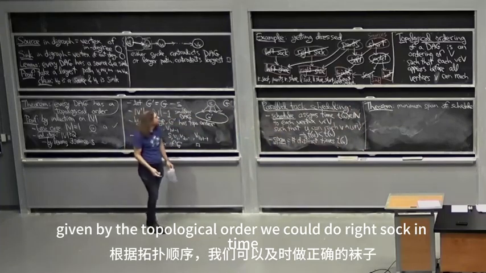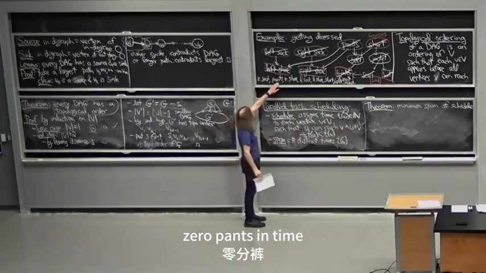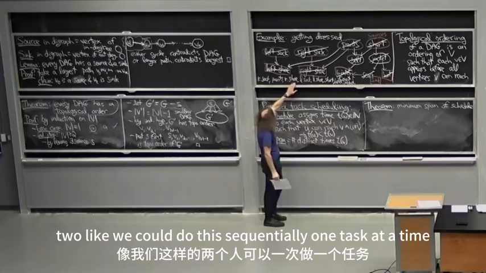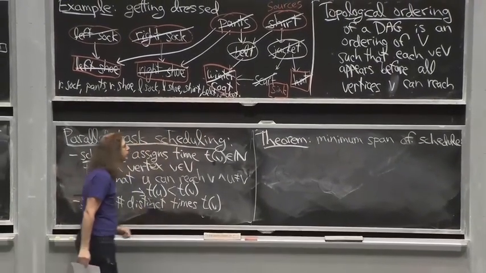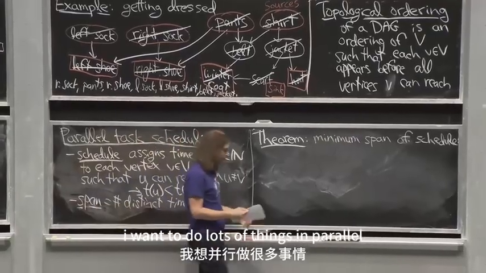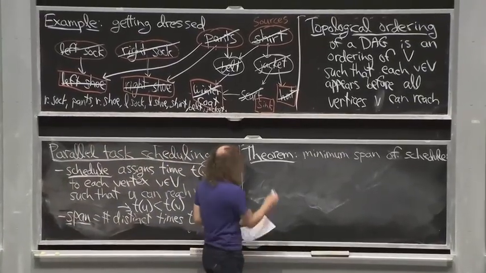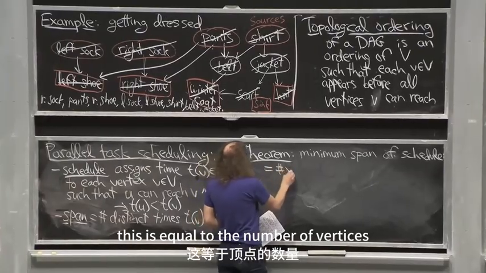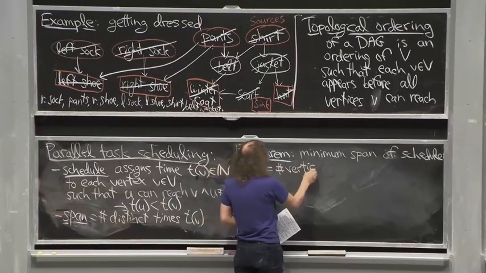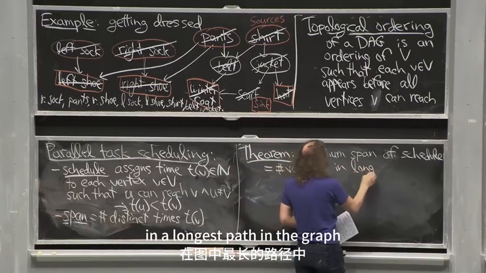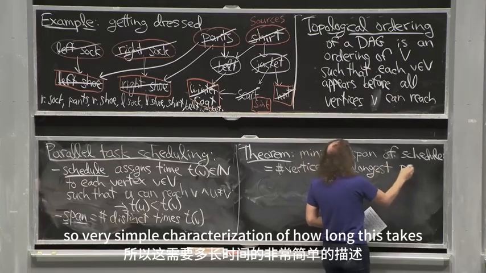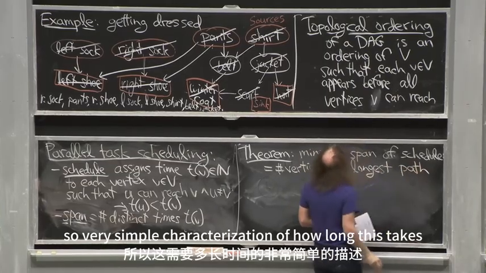We could do right sock in time 0, pants in time 1, right shoe in time 2. We could do this sequentially, one task at a time. But if I want to minimize the span, I want to do lots of things in parallel. This is equal to the number of vertices in the longest path in the graph. It's a very simple characterization of how long this takes.